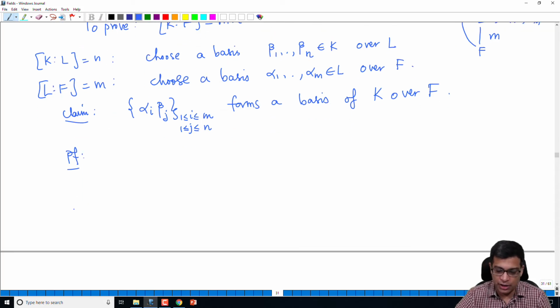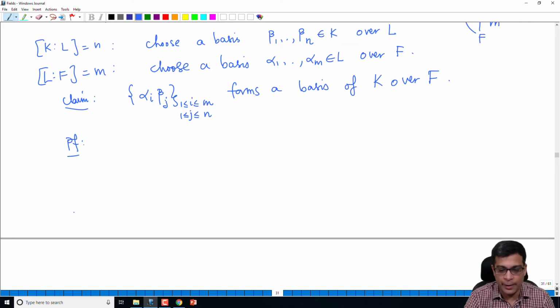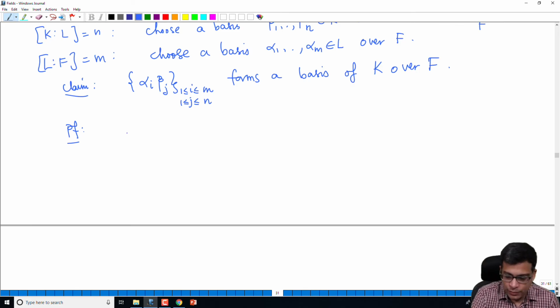So I will make that remark after proving this claim. Because beta j's are different, alpha i's are mutually different, the products cannot be equal for different indices. So we have a basis consisting of m n elements, so that means dimension is mn. So this is very easy. This spans, you can check.